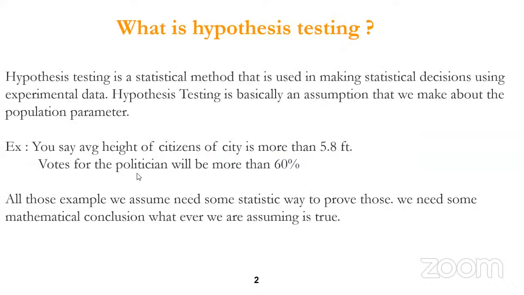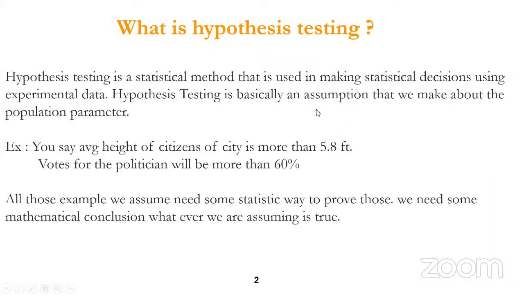It's a statistical method that is used in making statistical decisions using experimental data. Obviously, until the data is provided to you, we cannot perform any operation on it, right? So when we have experimental data, according to that, we can perform the test.